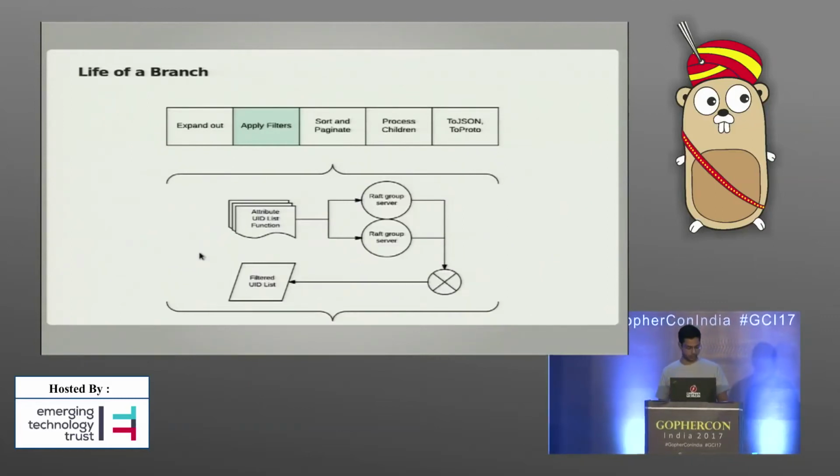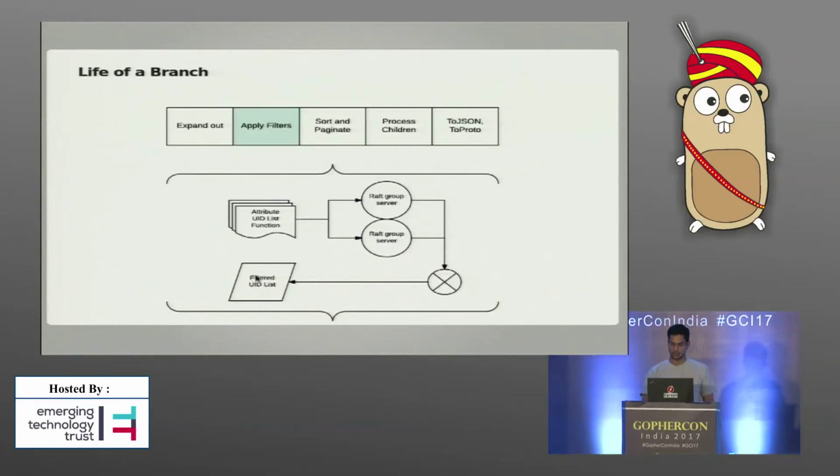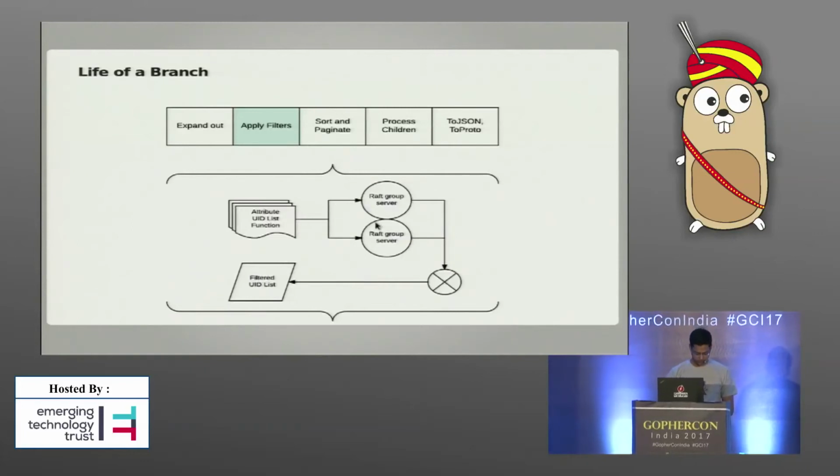Each branch of the filter tree would intersect or merge the results as per the instruction. Once we receive the final results, we filter the original UIDs list using this. So we now get a filtered UID list. Not all of these are actually goroutines as well.